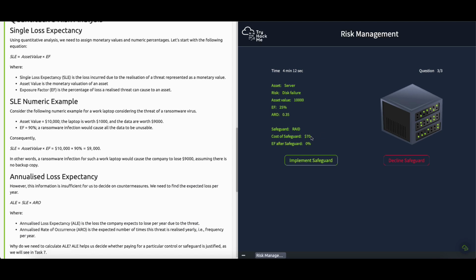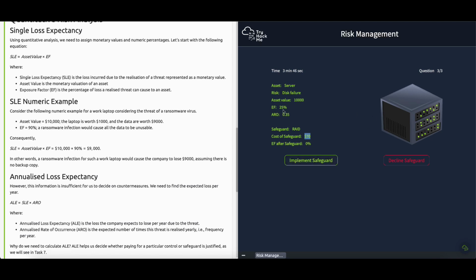Actually, it's obvious we have to implement safeguard, because after the safeguard there won't be any exposure factor. As you can see, it is 0%, and the cost is only $70 for this one. It means if we implement a safeguard, then we won't have any problem with this server.